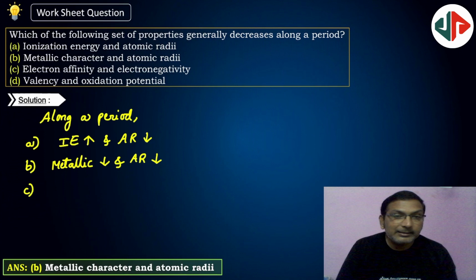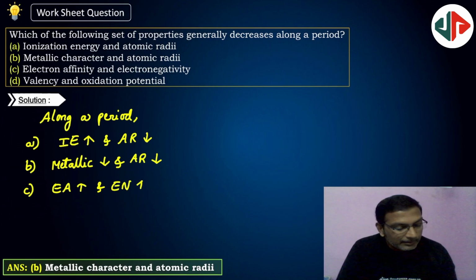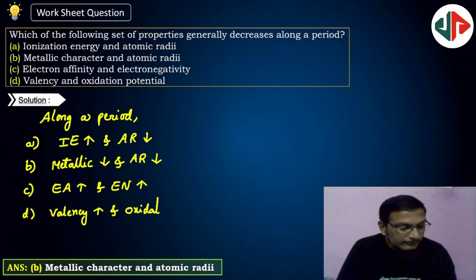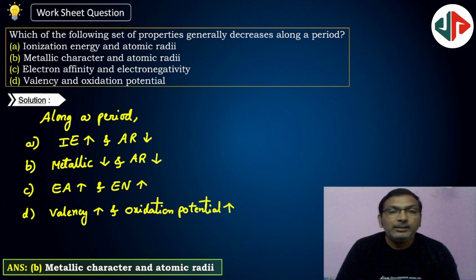Option C: electron affinity increases and electronegativity also increases. Option D: valency increases and oxidation potential also increases. Therefore, according to the question, in option B, both are decreasing.